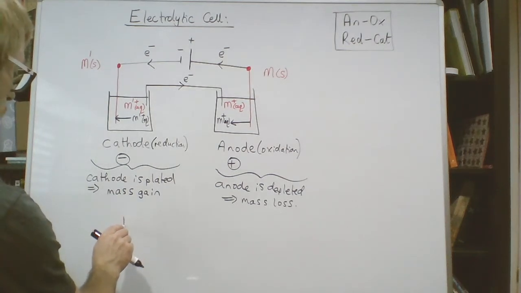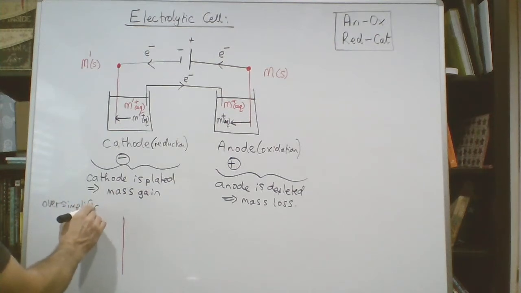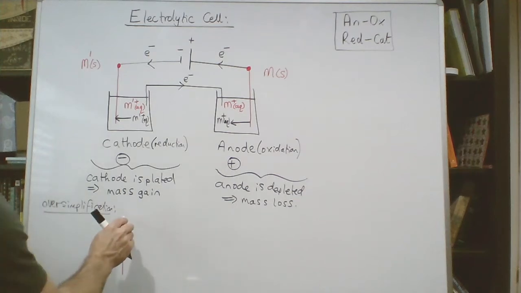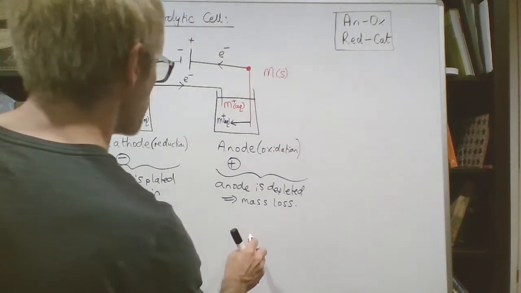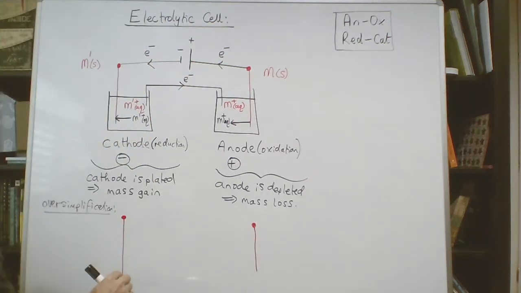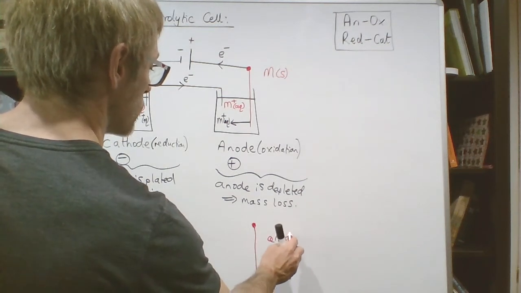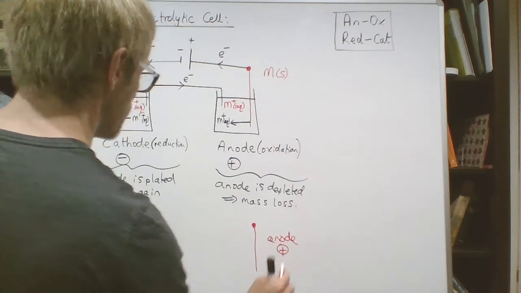Again, I'm going to do an oversimplification, so I'll acknowledge that this is an oversimplification here. But if we just look at the electrodes themselves, the anode and the cathode, so we've got the cathode, which in this occasion is negative, the anode, which in this occasion is positive.